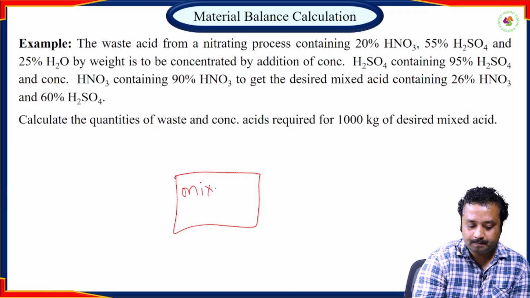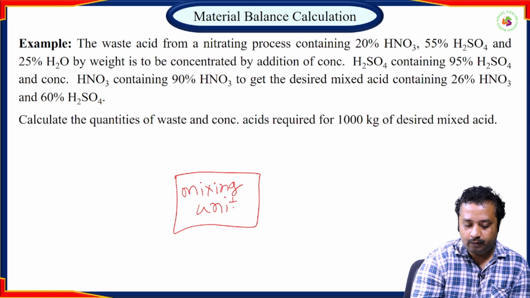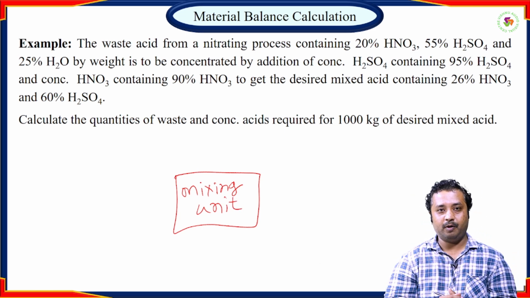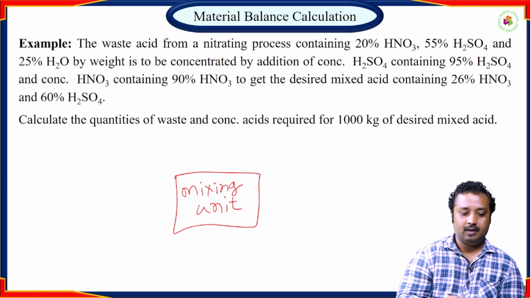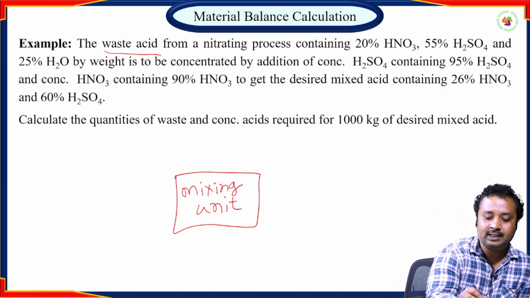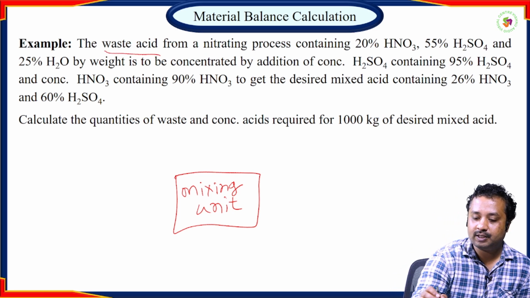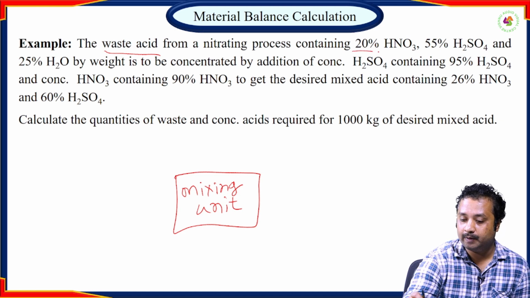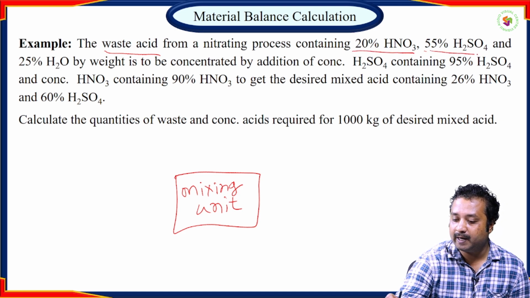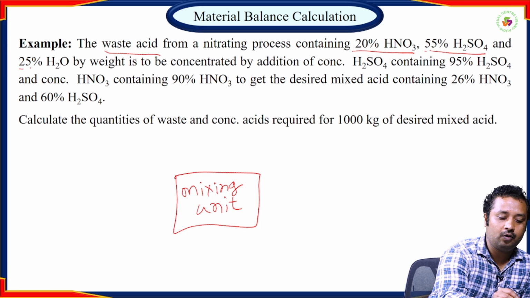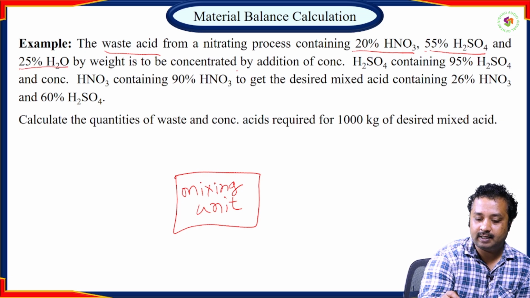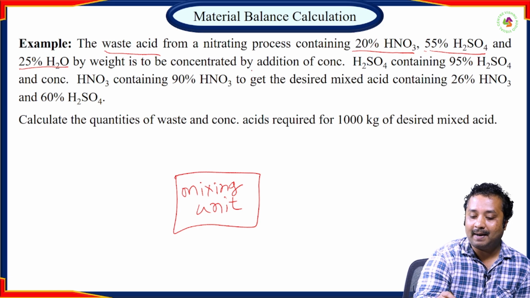This is the mixing unit. Then one by one we will provide the information to this block diagram. First line: the waste acid from a nitrating process industry, containing 20% HNO3, 55% H2SO4 and 25% H2O by weight, is to be concentrated by addition.